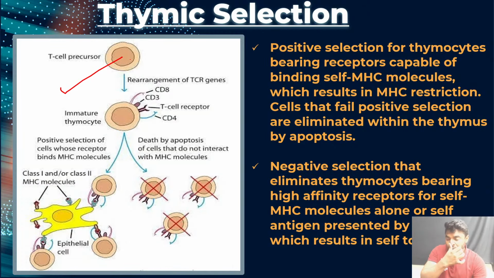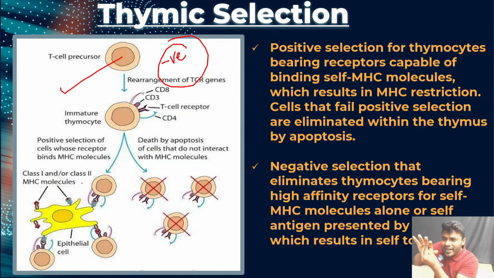I'm sorry. Now the most important one, friends, is negative selection. Listen to me very carefully. In the positive selection, what have we done? In the positive selection, I am a T cell, right? I was allowed just to interact with self-MHC.